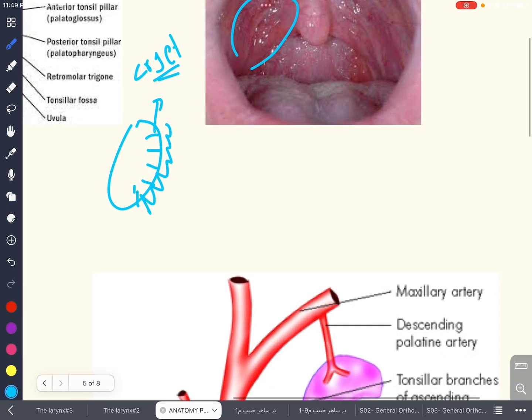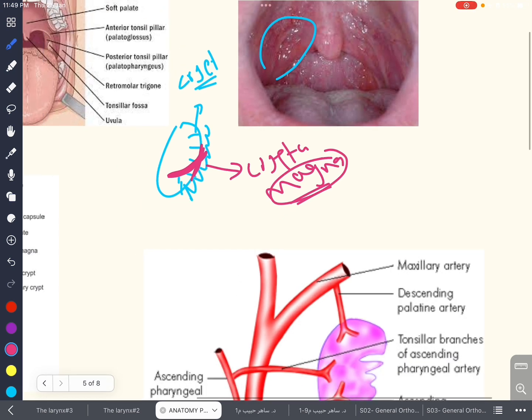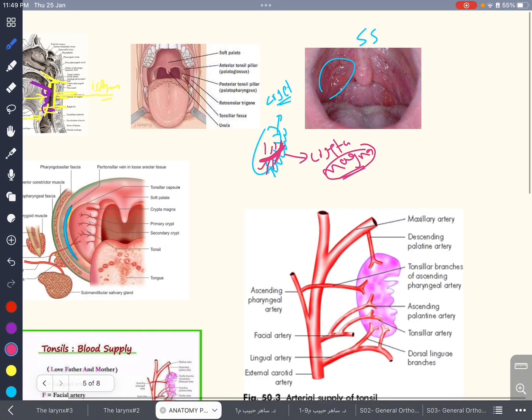In the upper part of the tonsil there is one large crypt called the crypta magna, which means the largest crypt, from which the secondary smaller crypts arise.